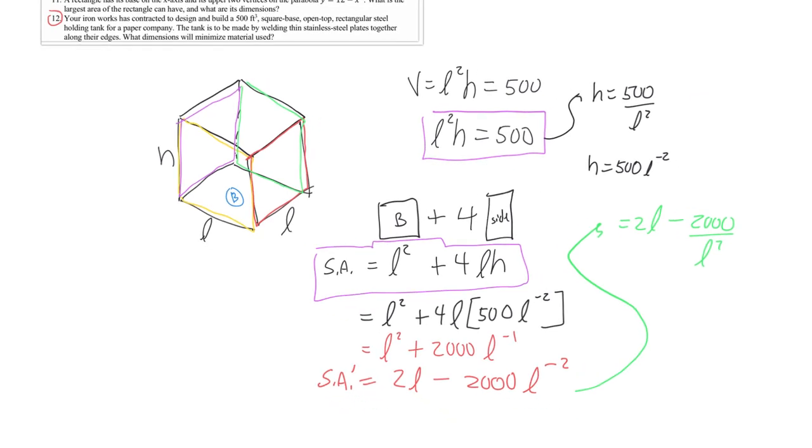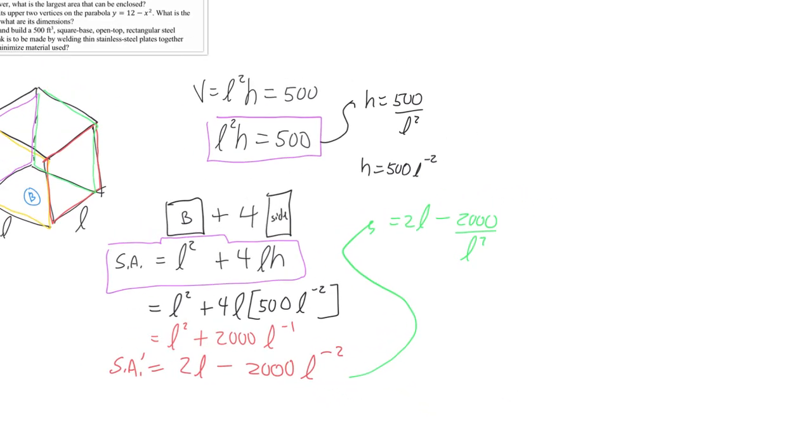Now, hopefully you remember that at that point, we'd have to set it equal to 0. And we could add this to both sides. We would end up with the blue equation.